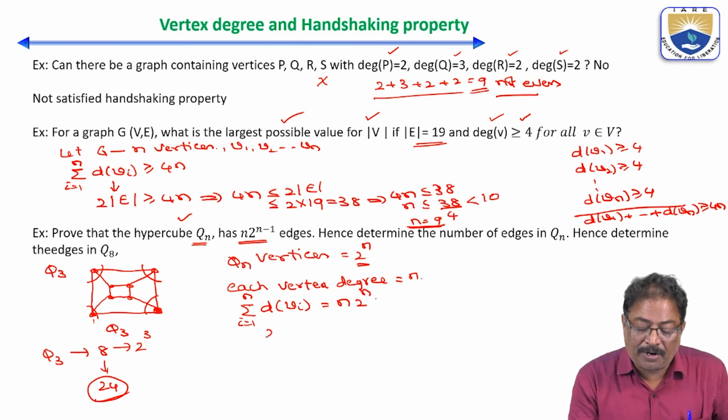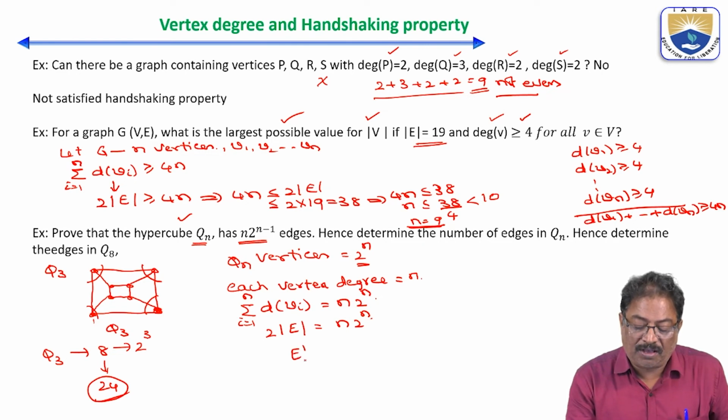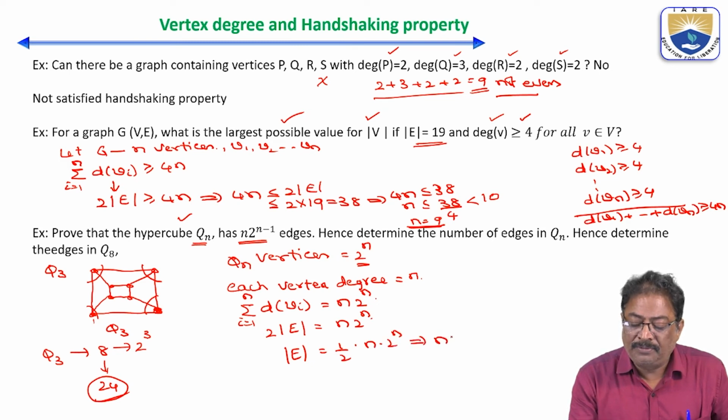So this is nothing but 2 into the number of edges, which equals n into 2 to the power of n. Then the number of edges is 1 by 2 into n into 2 to the power of n, which is nothing but n times 2 to the power of n minus 1.